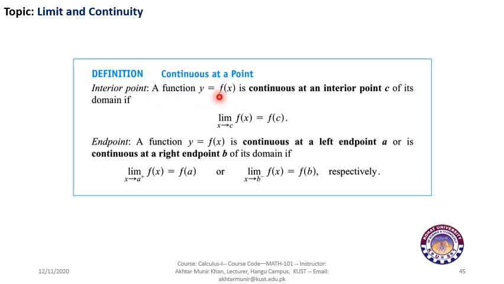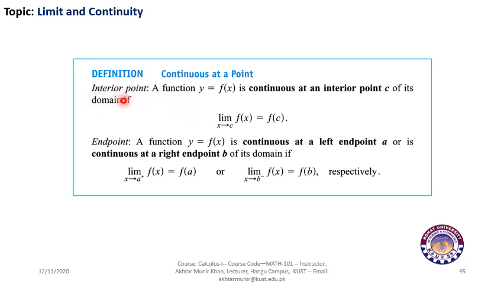Suppose we have a function y equals f of x. Then the function f of x is continuous at an interior point c of its domain. An interior point means a point that is not the endpoint of the domain interval.